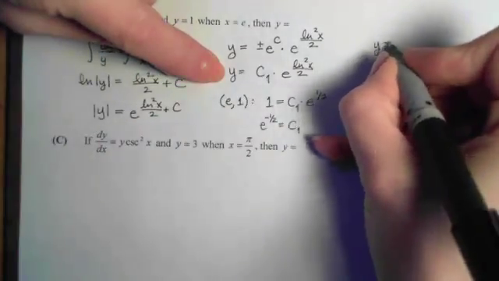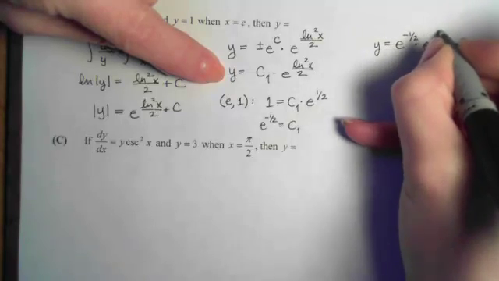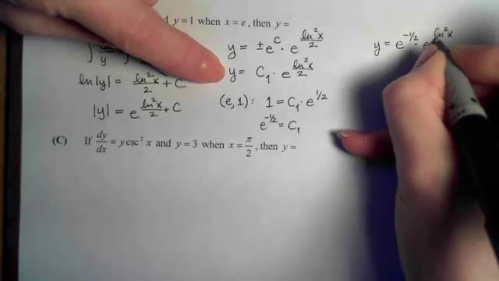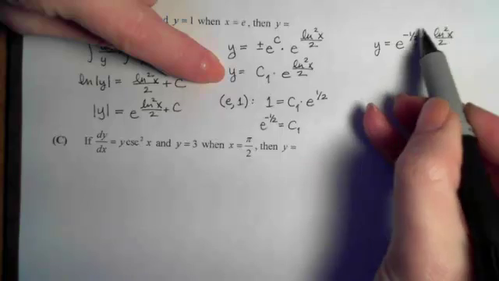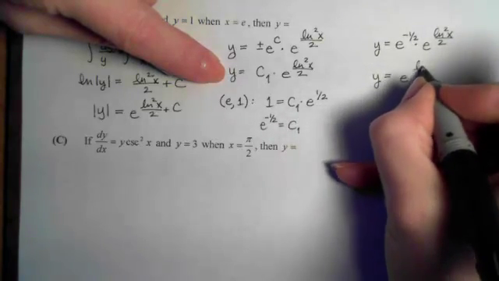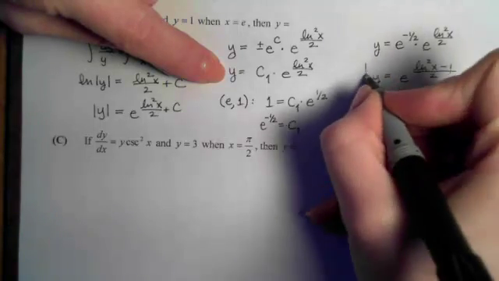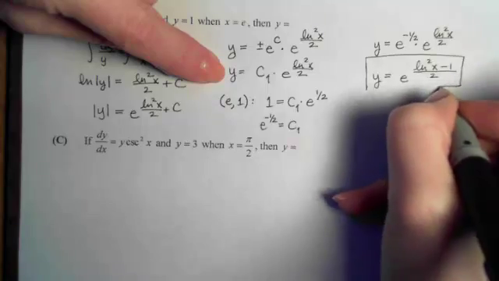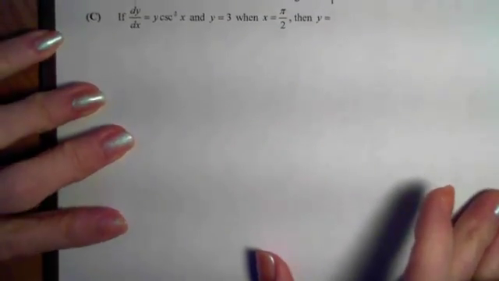I'll get y equals an e to the negative 1/2 times an e to the log natural squared of x over 2. Remember, if the bases are repeated, you can add the exponents. So we'll end up with y equals an e to the log natural squared of x minus 1 all over 2. And we're done.